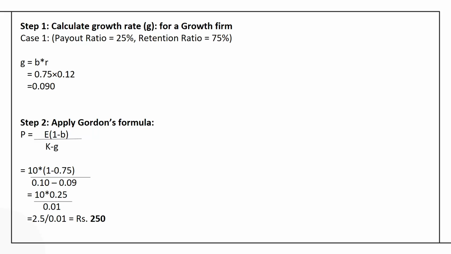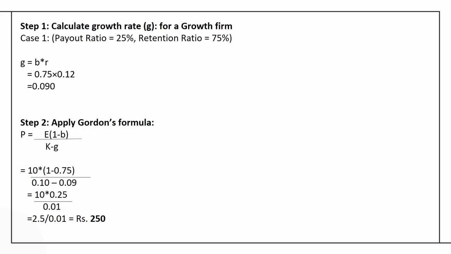Now, the first and foremost step is to calculate the G, that is the growth rate for a growth firm. Here, when the payout ratio is 25%, that means we are paying only 25% of earnings in the form of dividend, and the rest of the earnings, that means 75%, is retained in the company.